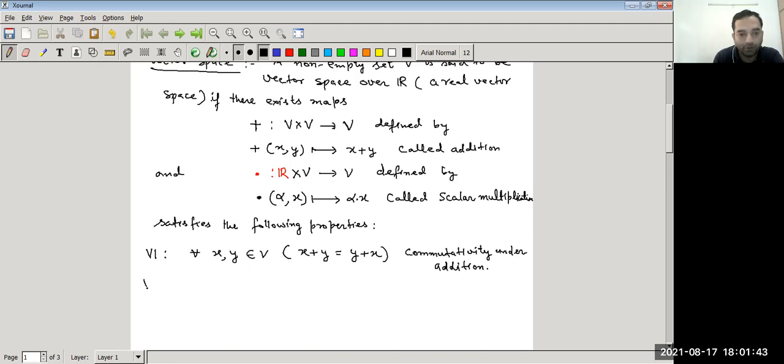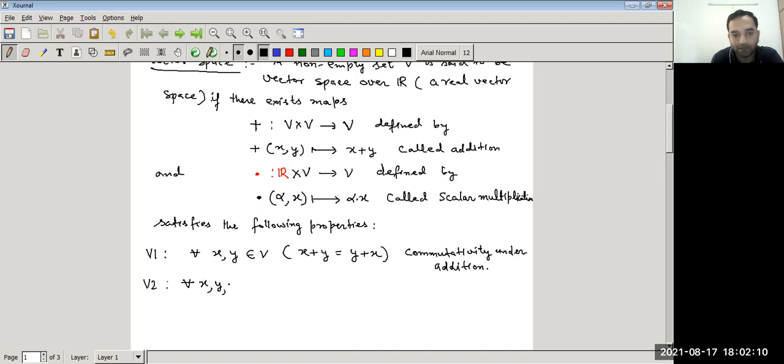Now V2. You can also denote these properties by A1, A2, A for addition. So V1 is the first property of vector space, and V2 is the second property. What is the second property?